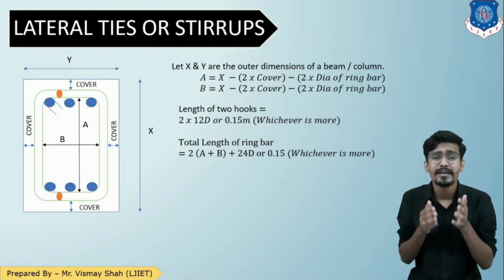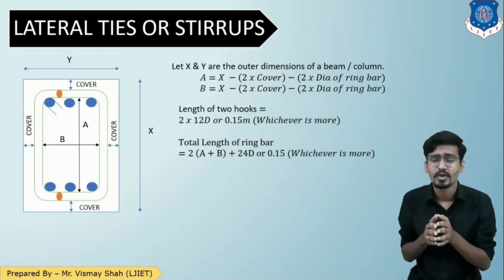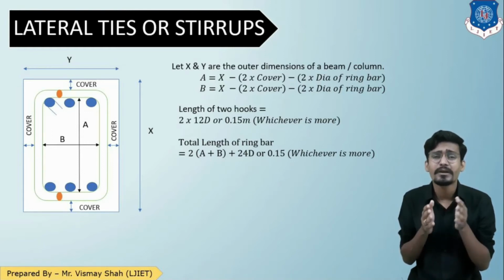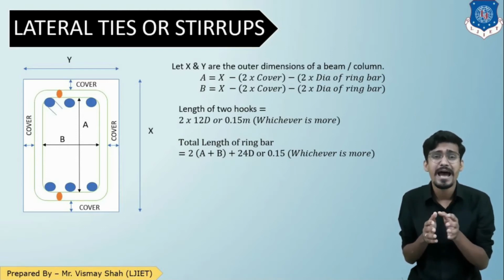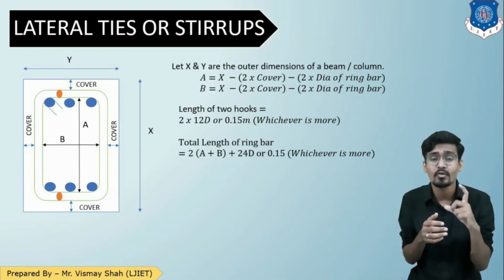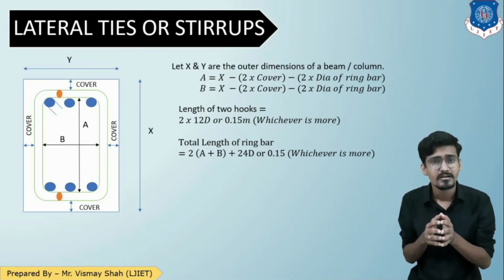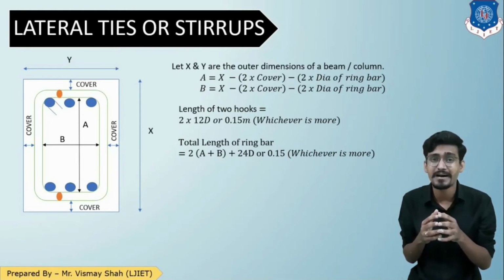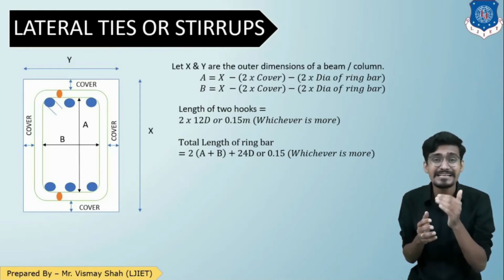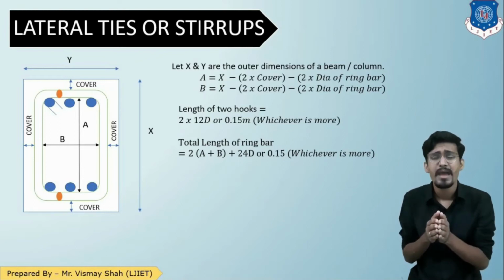So now we need to find out what is a and what is b. Let us understand. If I want to find out a, now a is the internal dimension of the ring. In that direction, the total dimension is x. So x minus 2 times the cover. If I deduct 2 times the cover, I will be at the external edge of this ring.